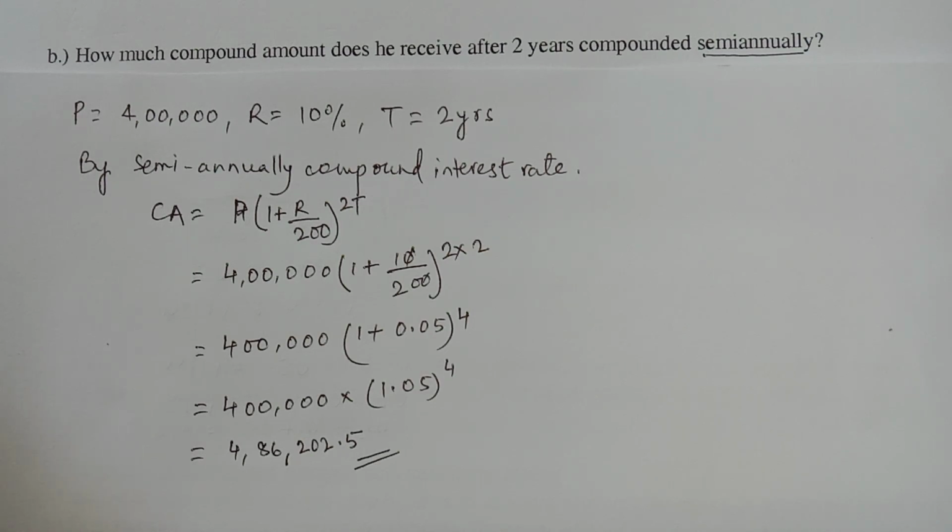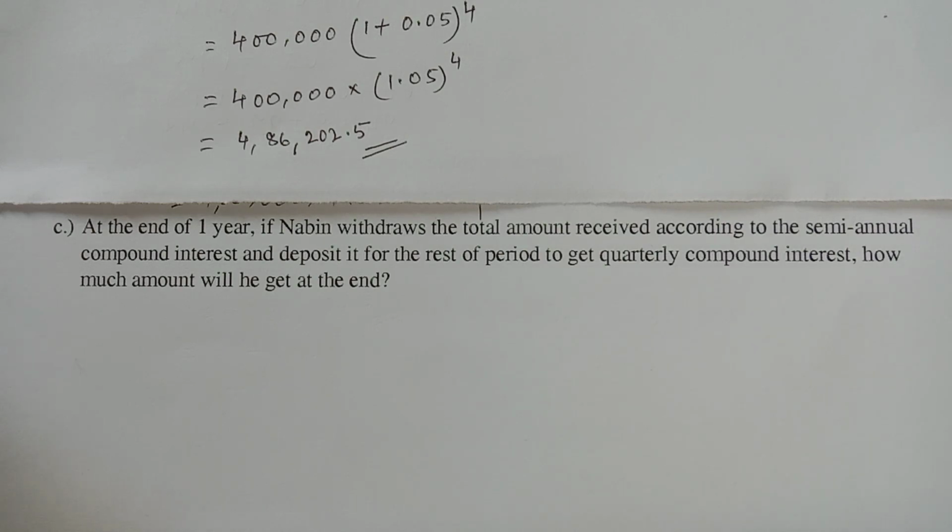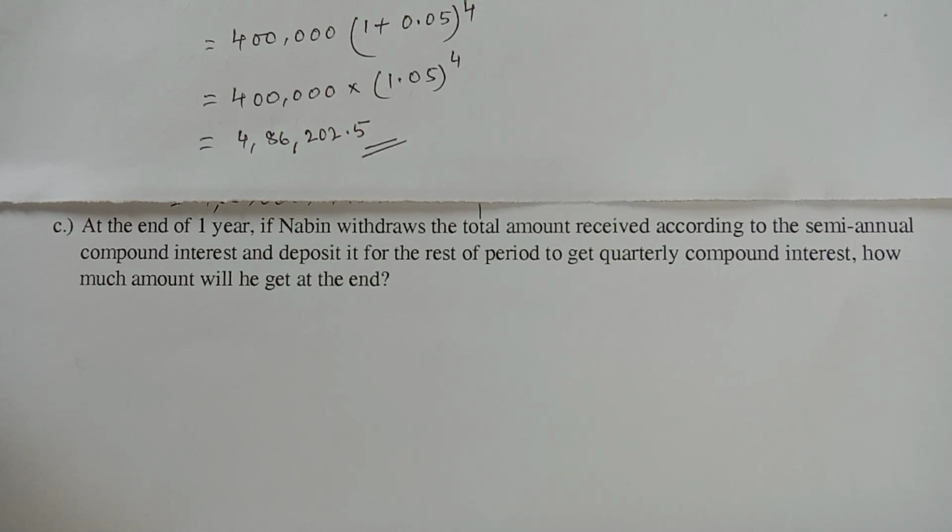Now let's check question number C. And question number C is, at the end of 1 year, if Navin withdraws the total amount received according to the semi-annual compound interest and deposits it for the rest of the period at quarterly compound interest, how much amount will he get at the end?